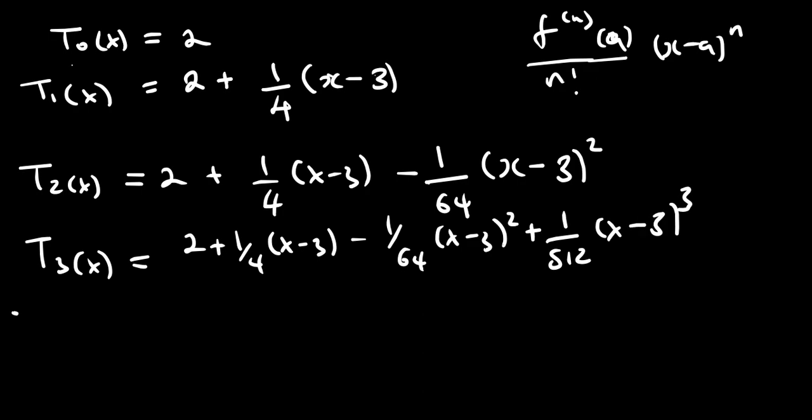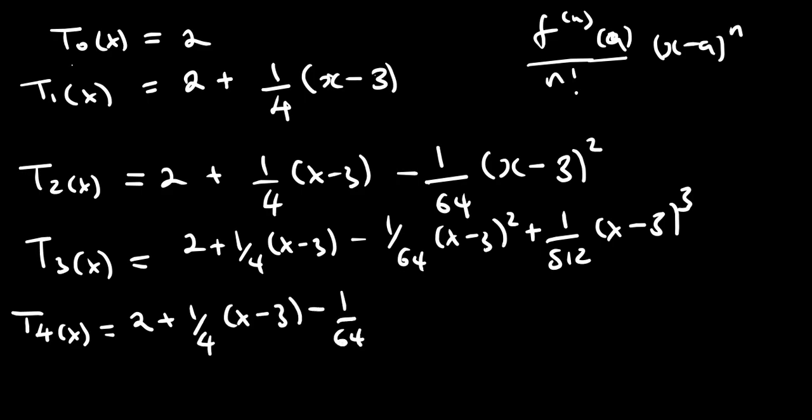Okay, then the fourth one, which is the last one they're asking for, that will be 2 plus 1 over 4 x minus 3 minus 1 over 64 x minus 3 squared plus 1 over 512, then x minus 3 to the power 3.